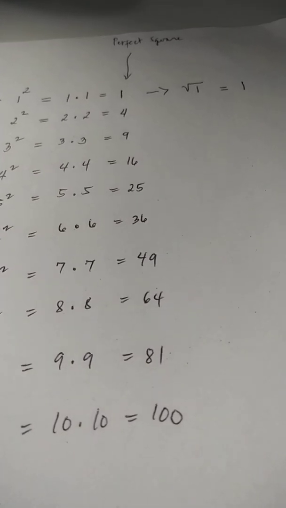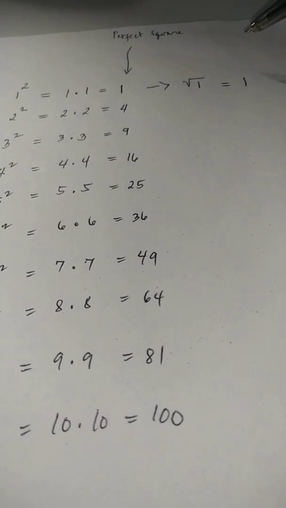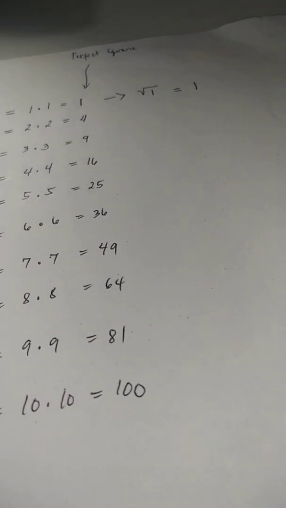Okay? By the way, what's the difference between these expressions? x equals the square root of 2, or x squared equals 2. What's the difference? In the first, x equals the positive square root of 2. Why positive?